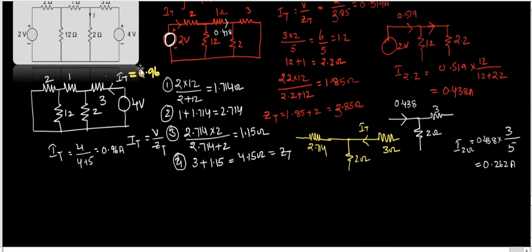So the current division rule applies because I want only the current in this 2 ohm resistance.